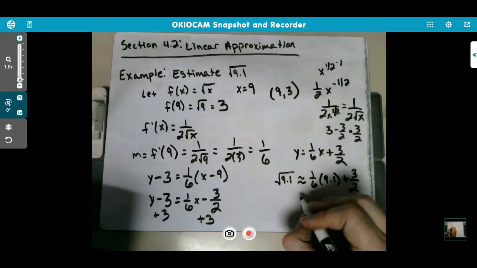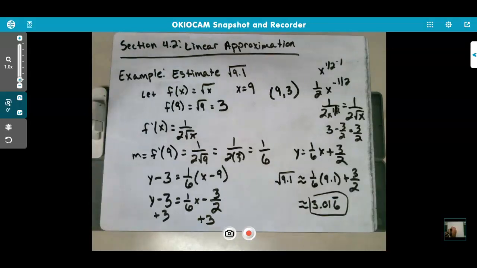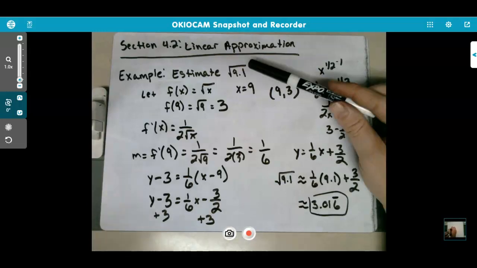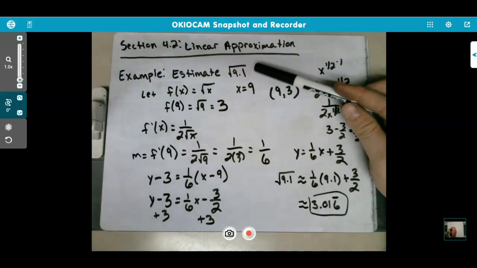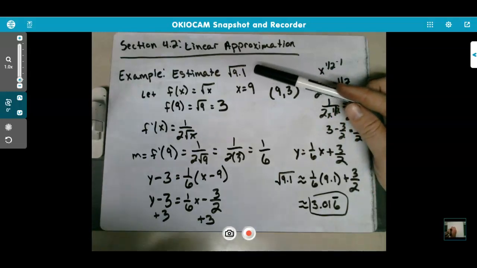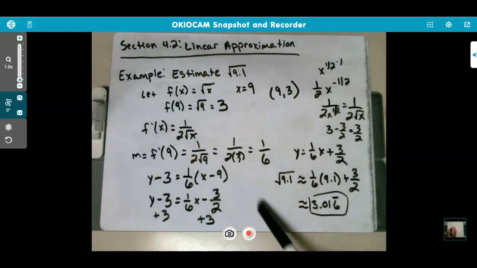So again, this is just a helpful way to get really close. Find the equation of the tangent line whenever I'm really close to what I want, and then plug in the point that I actually want. So like here, I knew the square root of 9, so I found the tangent line at x equals 9, which is what I did right here, and then just plugged in 9.1.